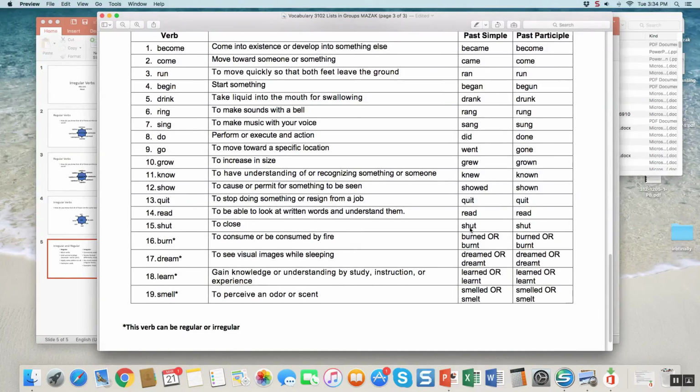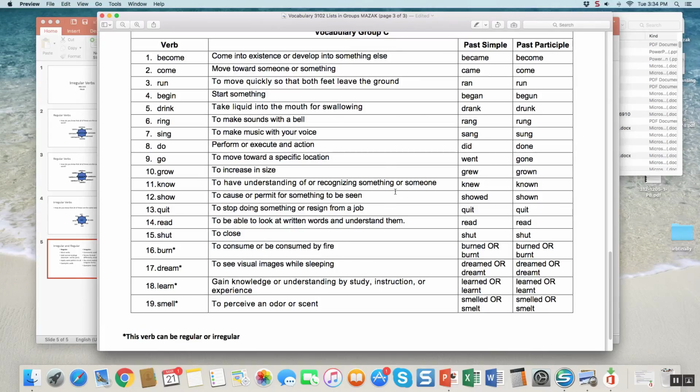Finally, group C, we have all the rest. They're all a little bit different, and many of these in group C have a vowel change. So we have become, became, become, run, ran, run, begin, began, begun.